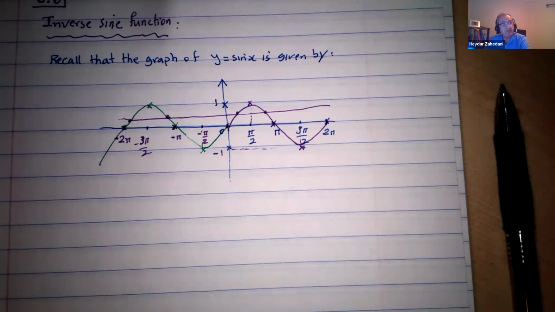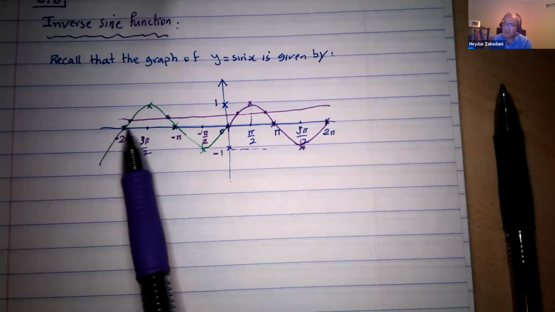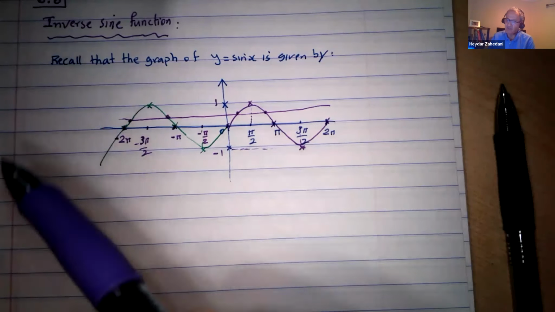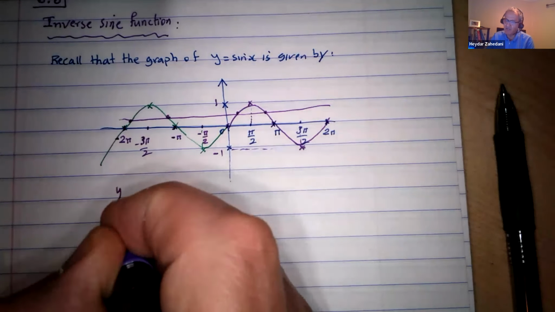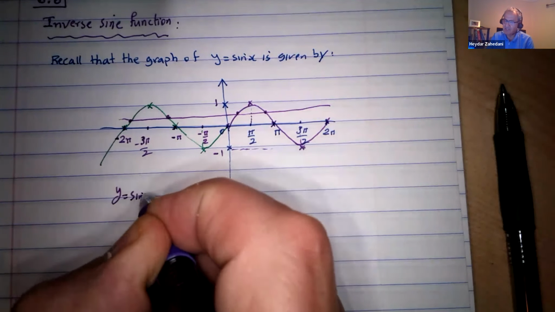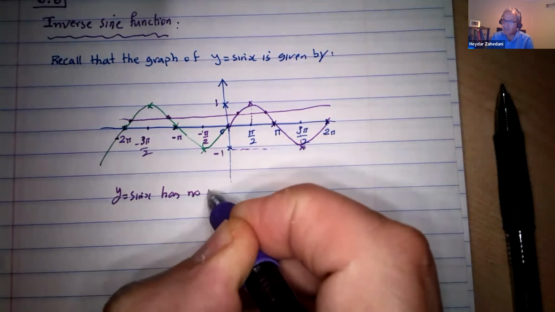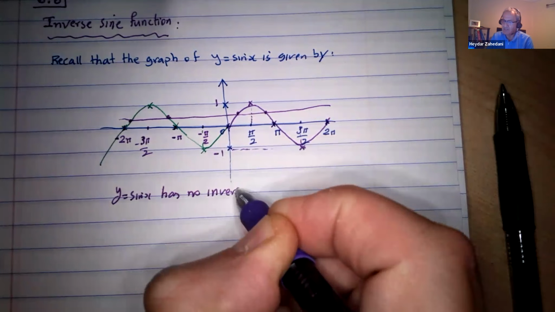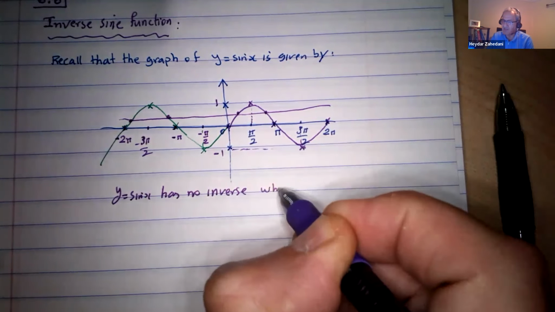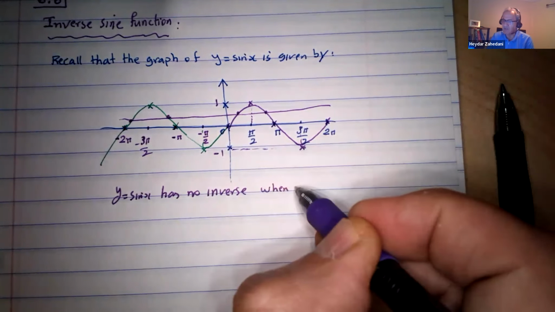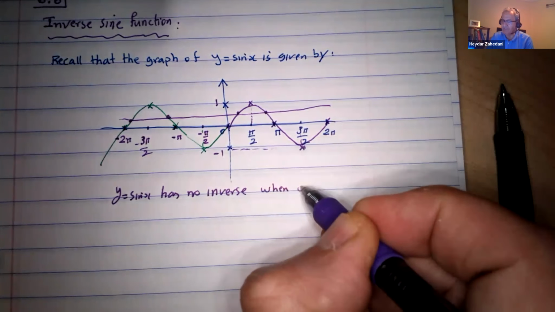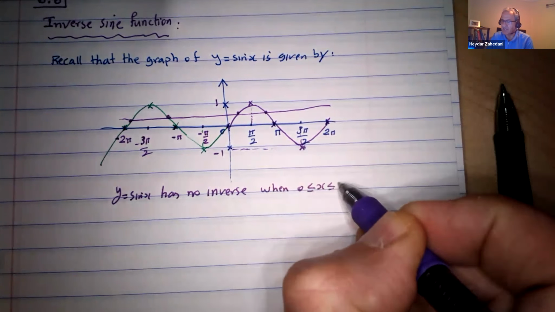So that's why you've got to be very careful when you want to find the inverse of these functions. So in general, y equal to sine x has no inverse, no inverse when, let's say, x is between 0 and 2 pi.